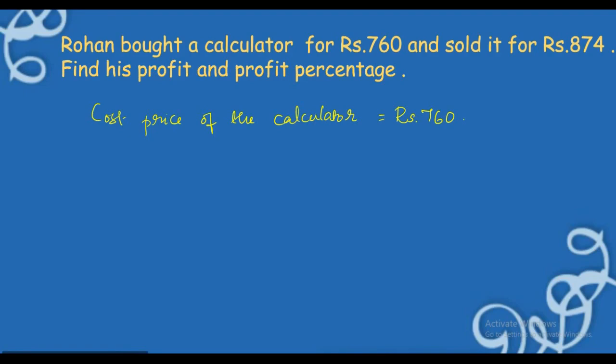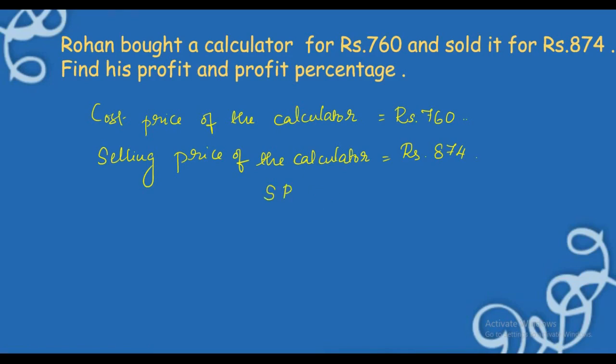He sold it for rupees 874. The selling price is rupees 874. Here you can see that the selling price is greater than the cost price. Since the selling price is greater than cost price, Rohan had a profit.